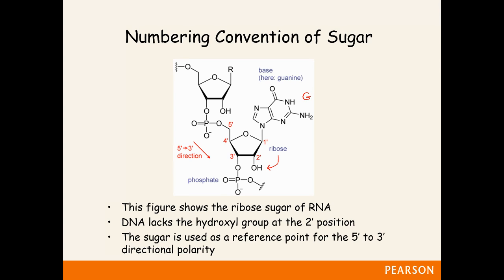Now here is something very interesting: do you see how carbon 3 is attached to a phosphate? And then carbon 5 is attached to a phosphate that is also attached to the sugar.